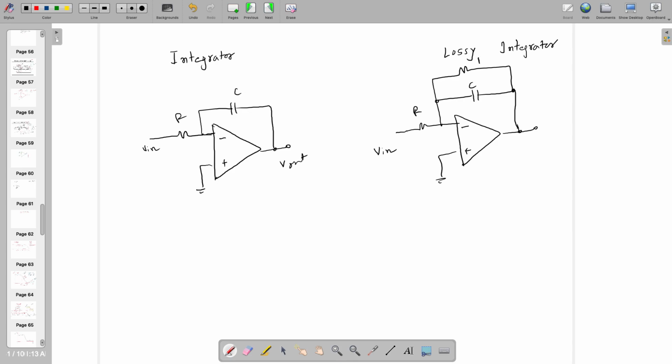So what is the transfer function? Let's call this one R1, R2. So what is the transfer function in the first case? V out by V in is 1 by SCR. Okay.